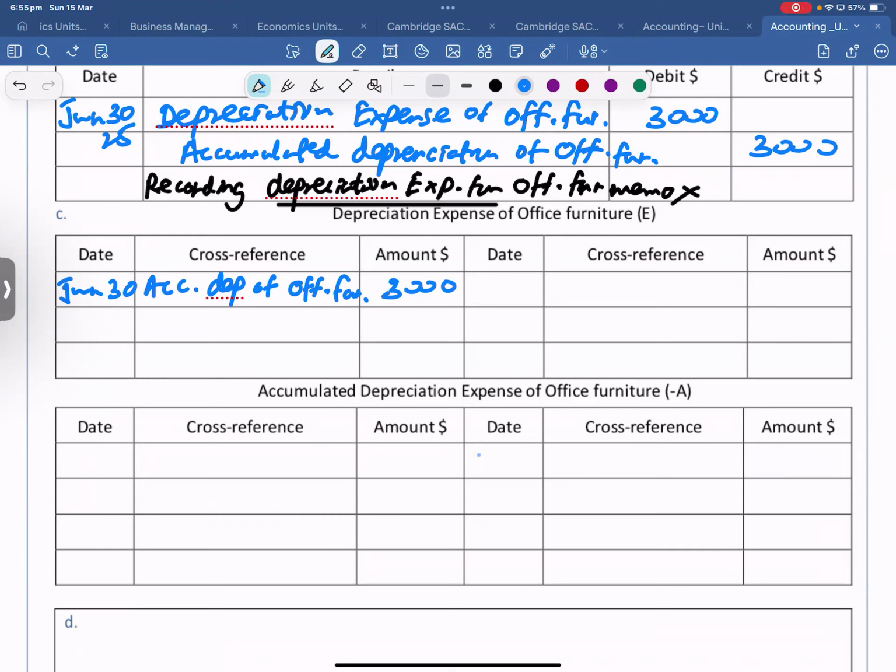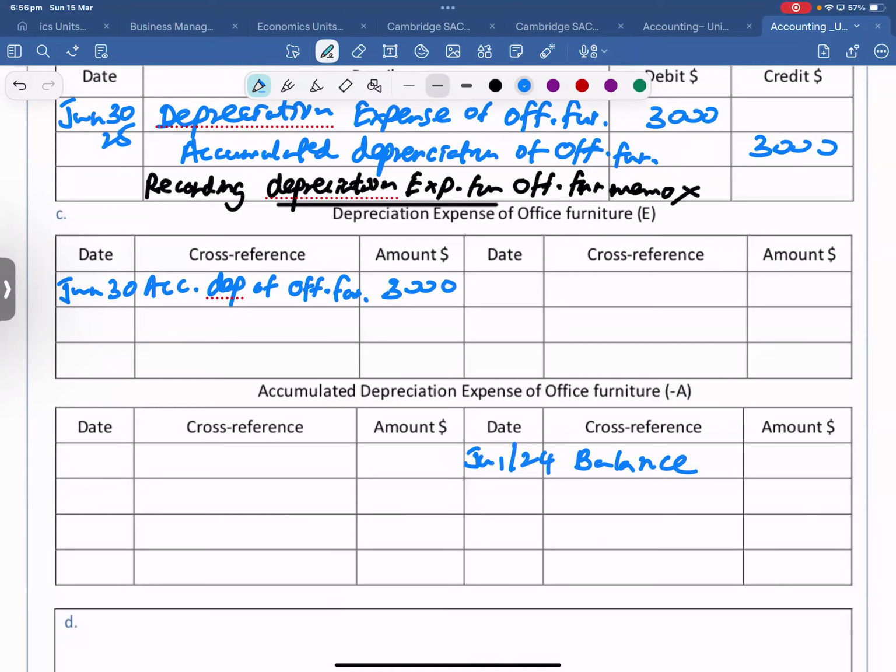Then we have to write the date, guys. July 1st, 24. Depreciation. How much is the balance here as of July 1st? Do you need the year, or can you just write that?